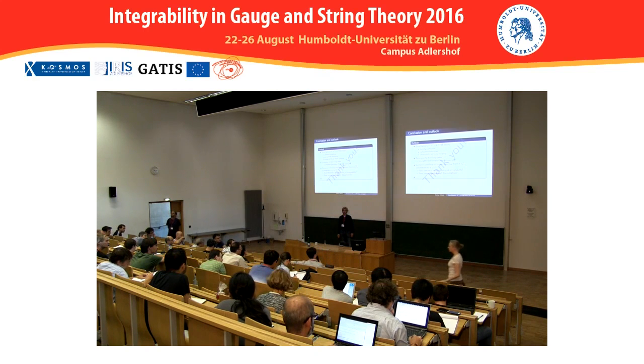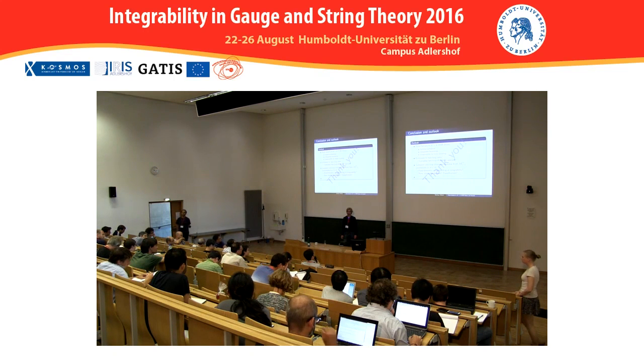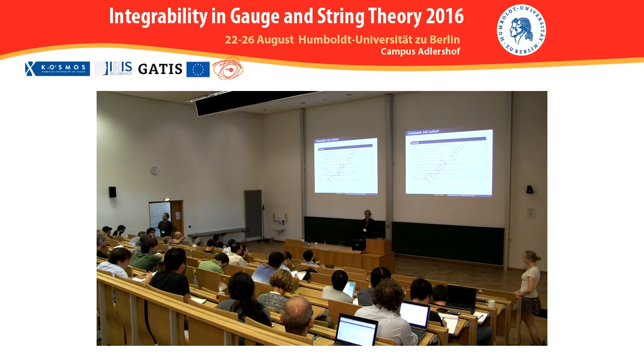Is there any way to relate the dilatation operator to scattering amplitudes without referring to the Lagrangian? Sorry, could you repeat the question? Do you expect any relation between the dilatation operator and scattering amplitudes without referring to the Lagrangian? We are not referring to the Lagrangian here.